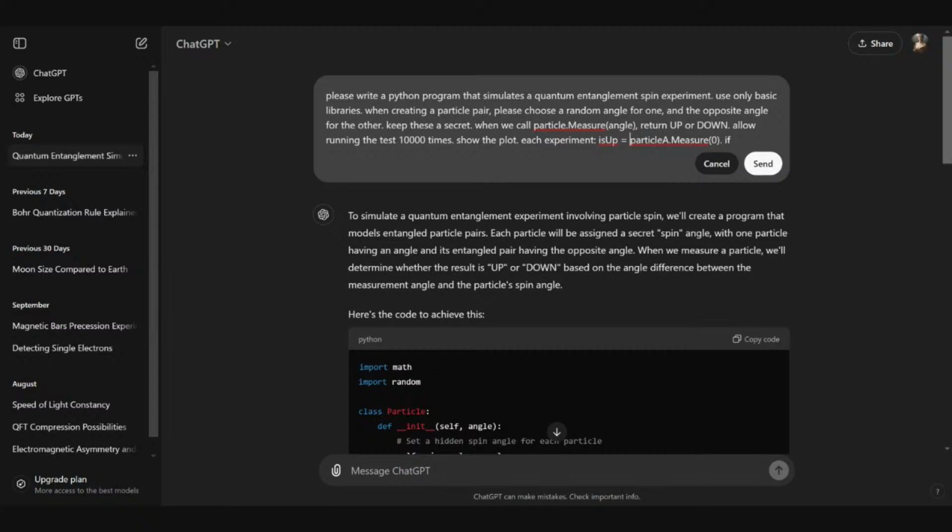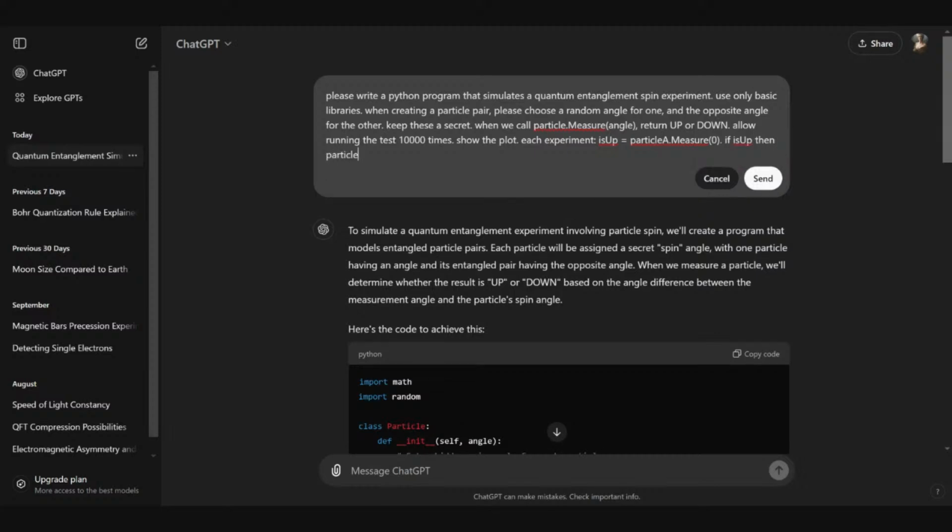If it is up, then particle B measure angle, increment angle by 1 degree each test.